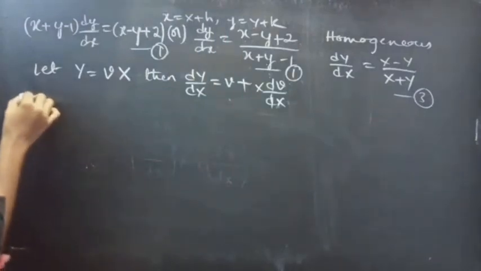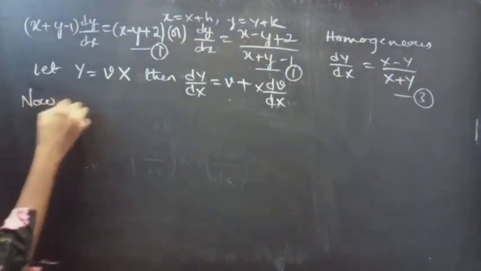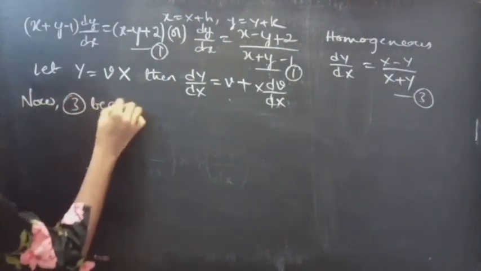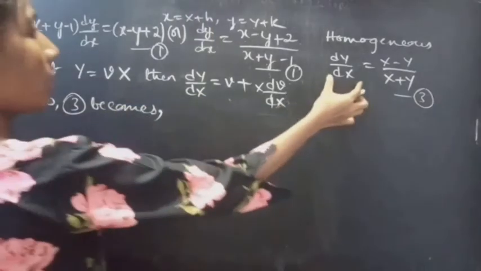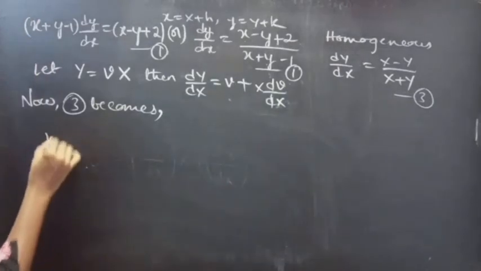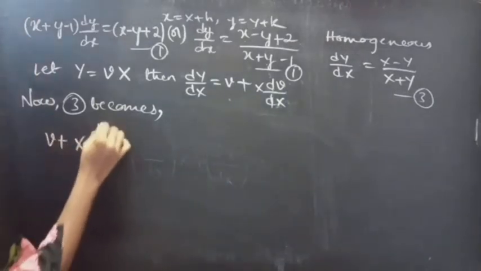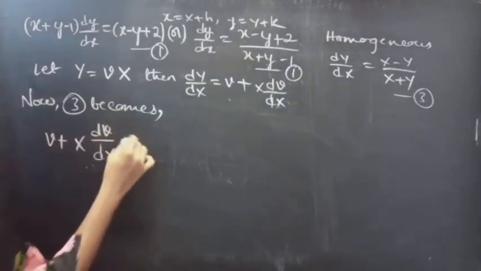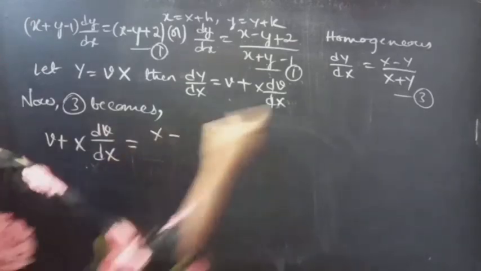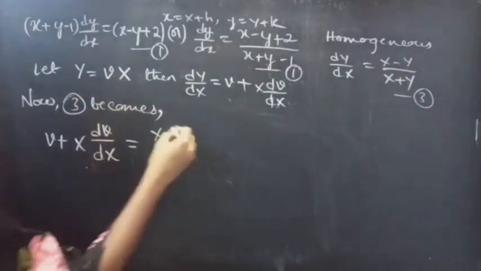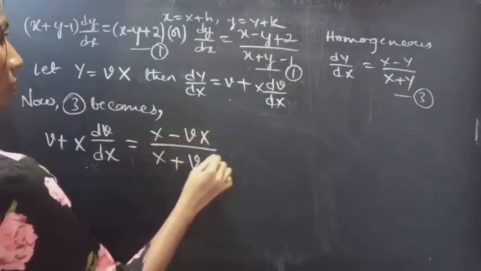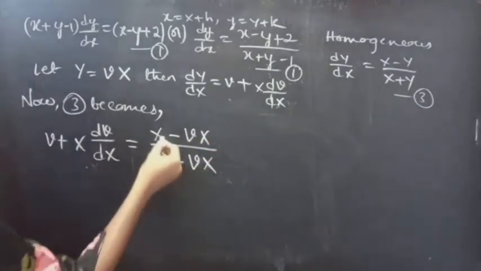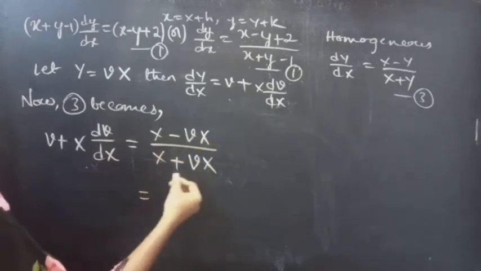Now 3 becomes, replace dy by dx by this, we'll get v plus x into dv by dx equals x minus y by x plus y. Replace y by vx, and you'll get x minus vx by x plus vx. Now take x common from the numerator and the denominator as well.